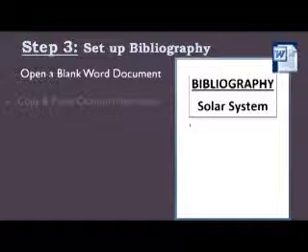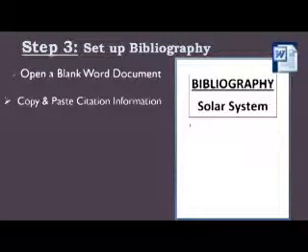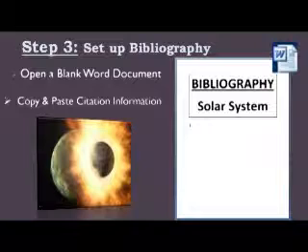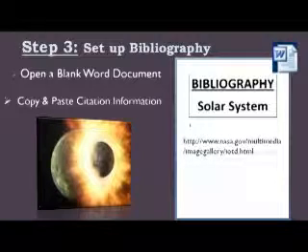Then, as you begin to add your media to your kit, just remember to copy and paste the citation information. For example, if I want to use this image from NASA's website, which is a public domain, I just paste the URL in the bibliography.